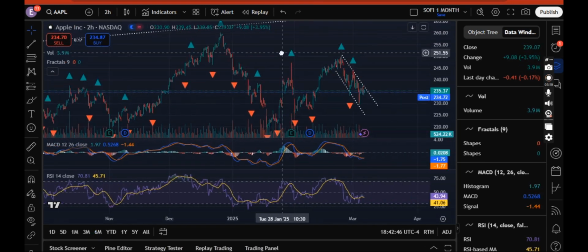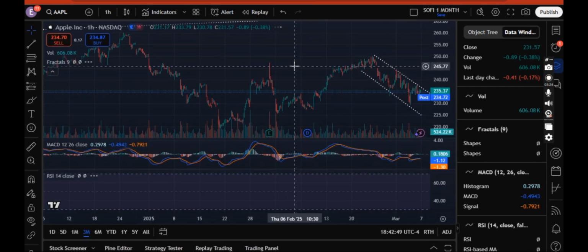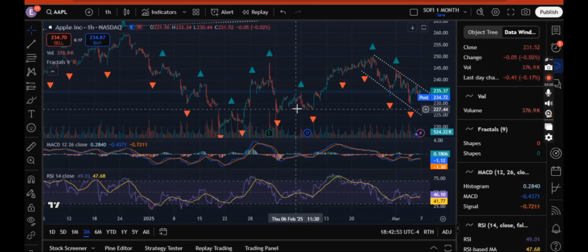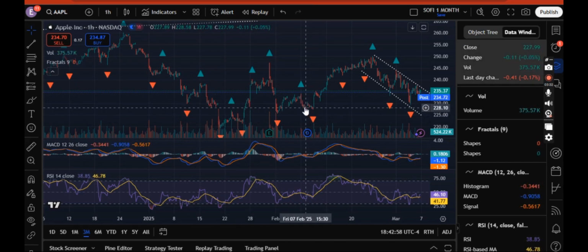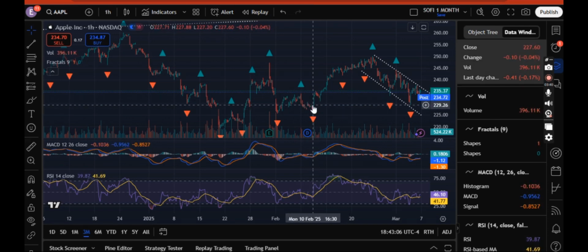Support lines would be where, you see here, you went down and bounced from there, went up, reached there, bounced up again. That is a support line.